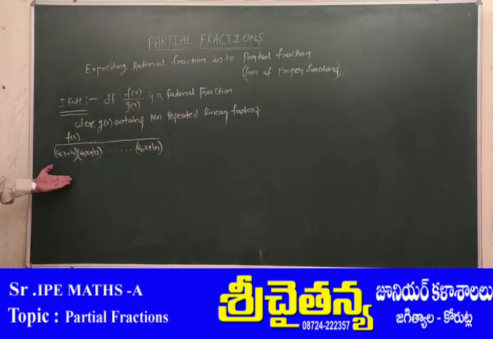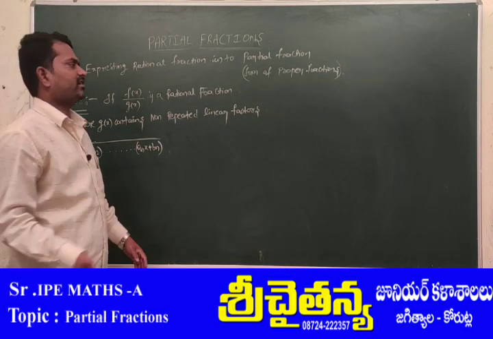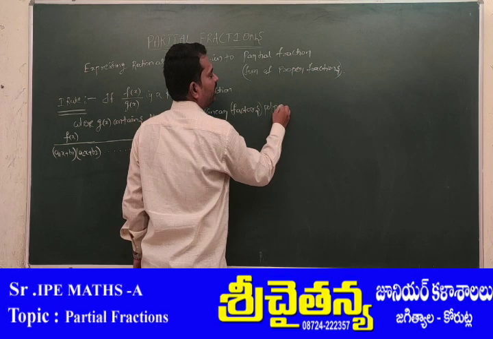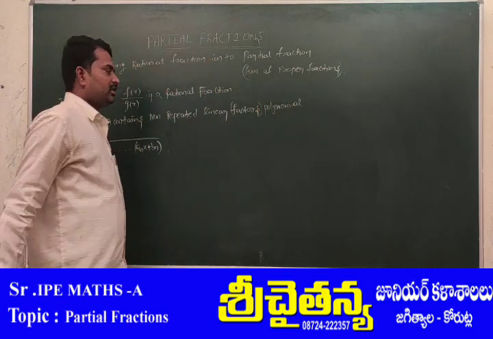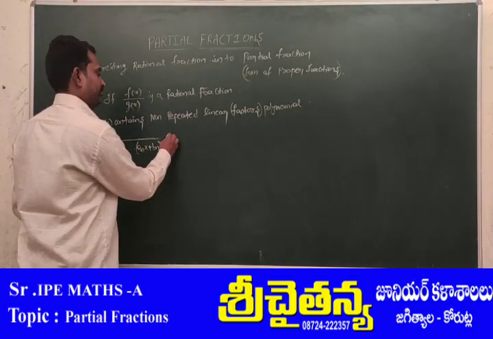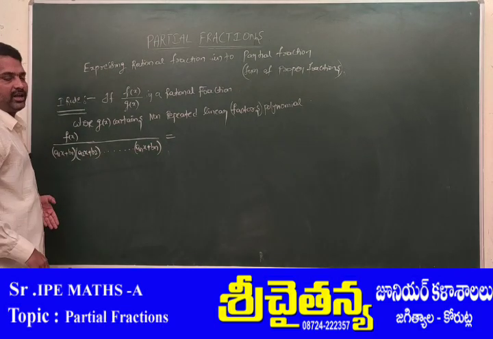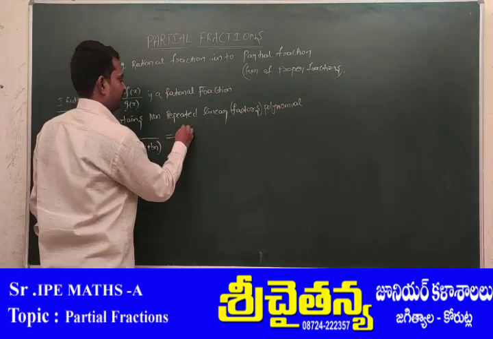So f of x by g of x, where g of x is a1x plus b1 and so on. All are different linear factors, otherwise we can call them linear polynomials. How can we write this as a sum of partial fractions? That means, how many linear polynomials are there? We have to write constants. First one is a1.